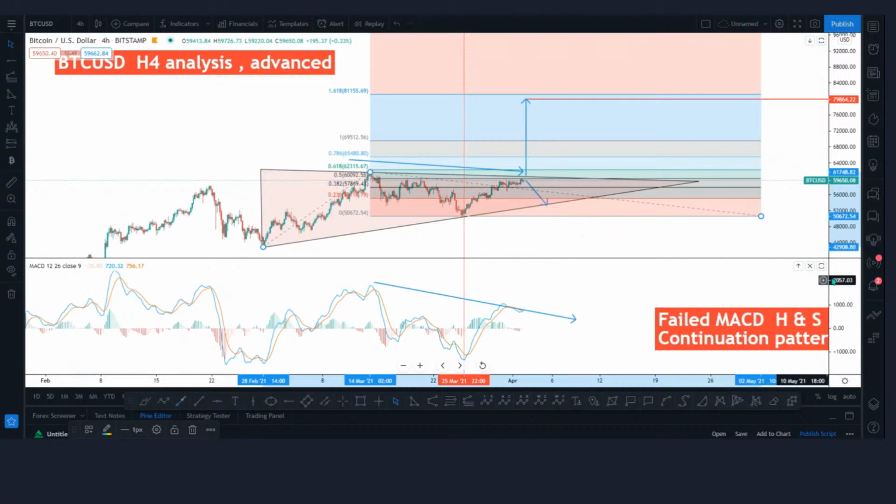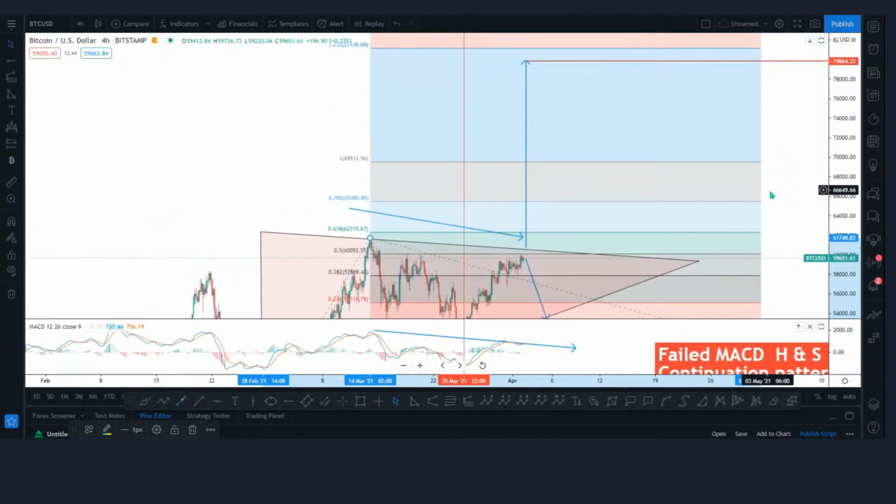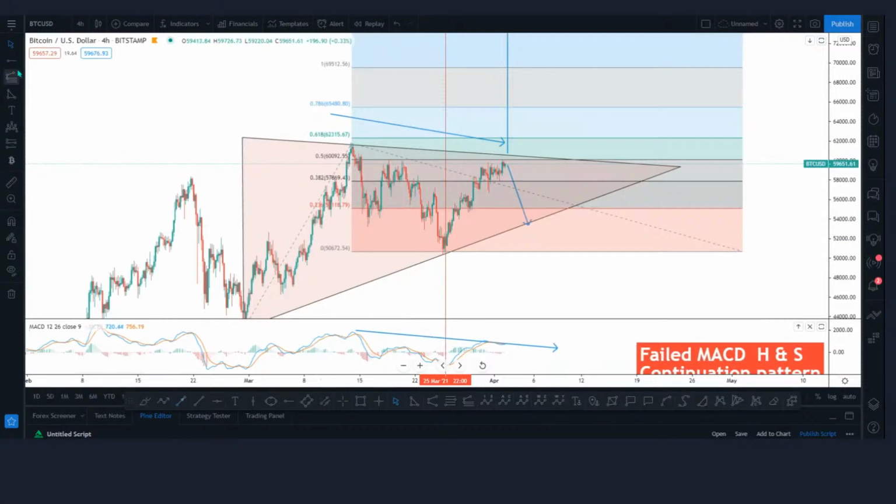Then you start highlighting these ratios. The 618, 62 level right here, and the 78 are very strong levels.